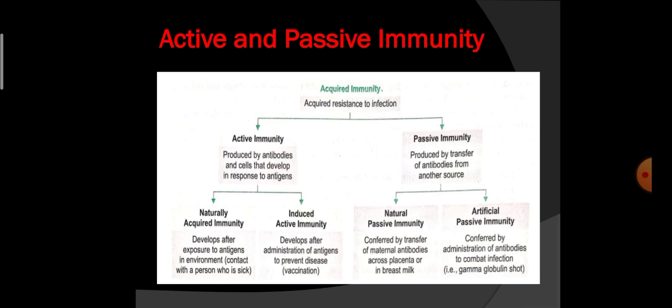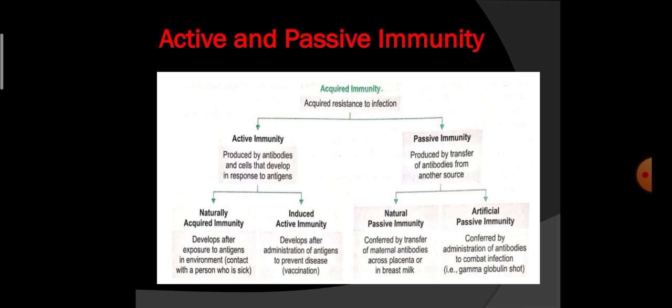Active immunity is produced by antibodies and cells that develop in response to antigens. Okay, so that means the immune response occurs by the cells which encounter antigens, whereas in passive immunity the immunity is provided by another source.